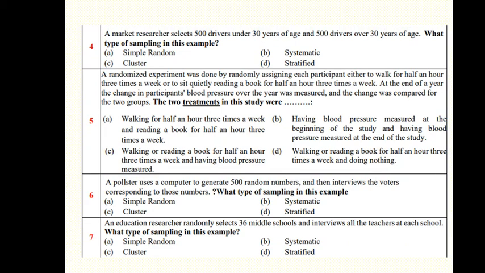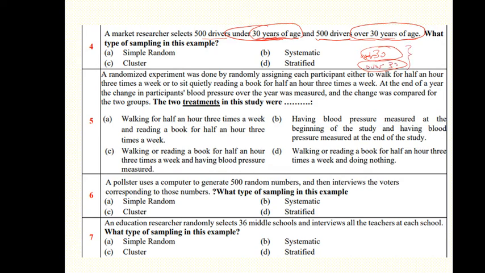A market researcher selects 500 drivers under 30 years of age and 500 drivers over 30 years of age. So he selects samples from under 30 and over 30. What type of sampling? Here, the drivers are chosen from these two groups, under 30 and over 30.